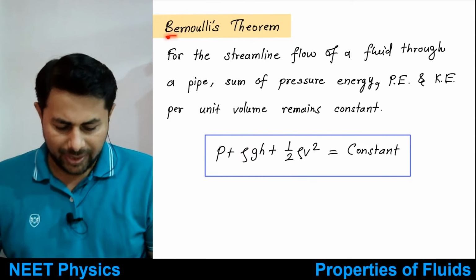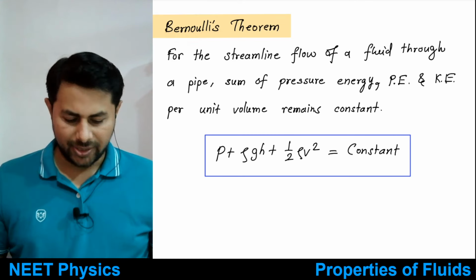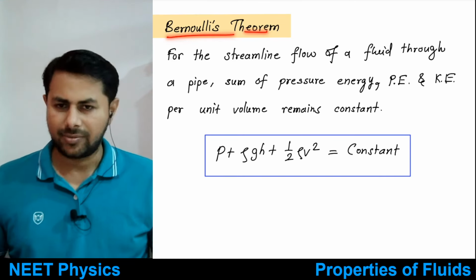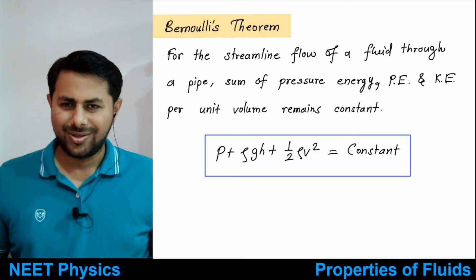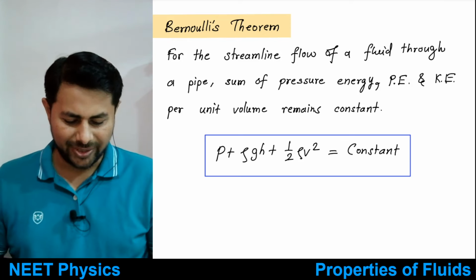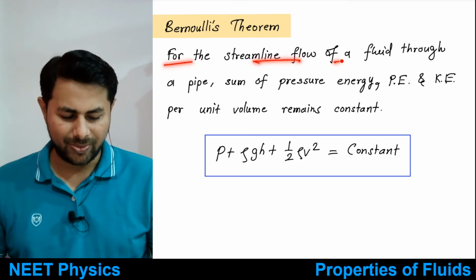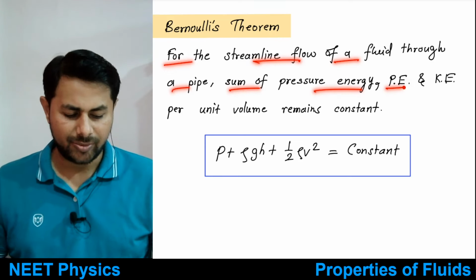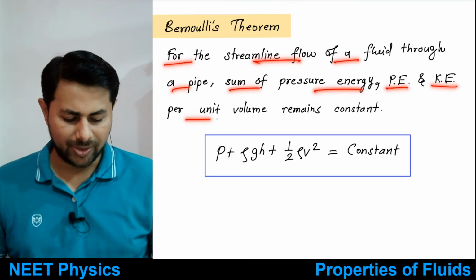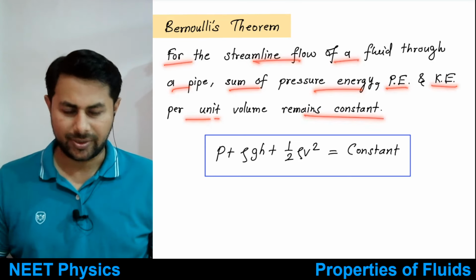Then comes a very important theorem. It is Bernoulli's theorem. And what is that? For a streamlined flow of a fluid through a pipe, the sum of pressure energy, potential energy and kinetic energy per unit volume remains constant.